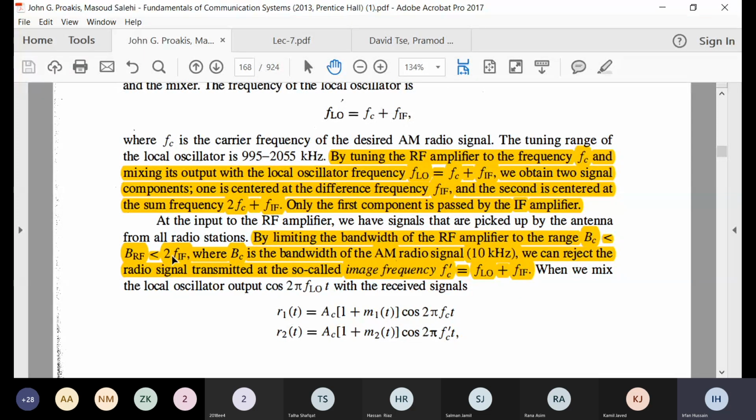Remember, what is the image frequency? Image frequency is FLO plus FIF.